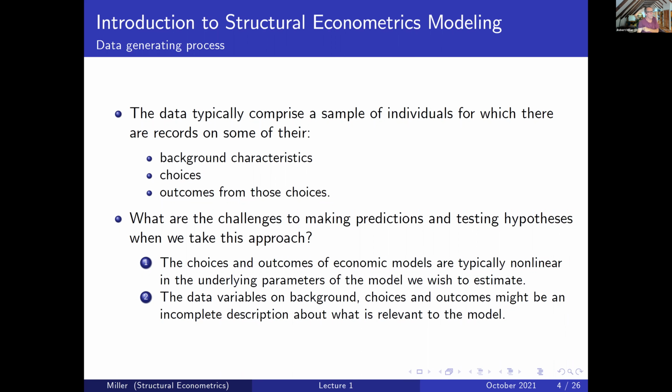So the idea is that as econometricians, to say something useful, we'd like to ask, what if their background characteristics changed? How would that affect their choices and those outcomes? In other words, we'd be making a prediction of what if the world was a little bit different? We're thinking of introducing a policy. We change taxes or subsidies, change the prices that they face. How would they react? What would happen? That's the kind of thing that economists should be good at.